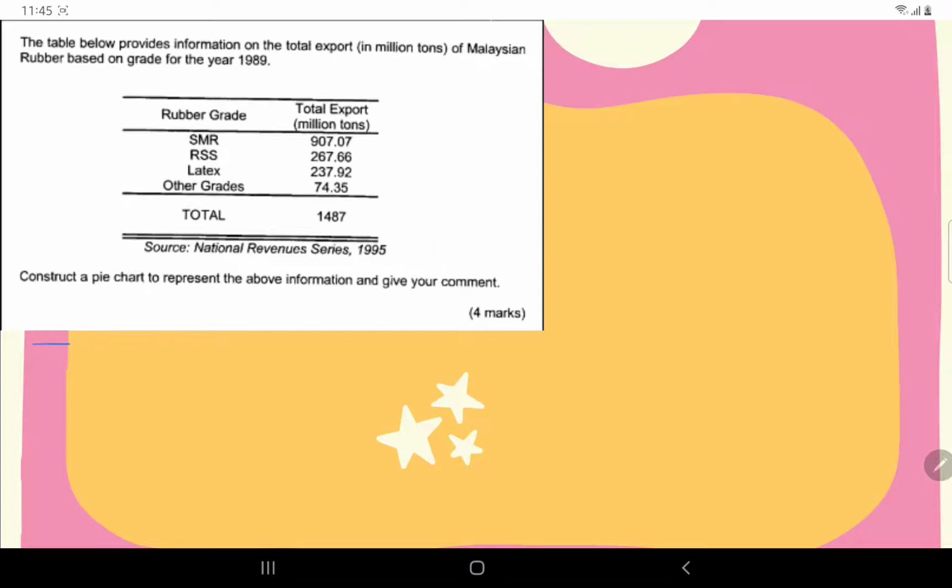In this question, the number of categories is 4, which are SMR, RSS, latex, and other grades. And then we need to find the percentage of each of the categories.